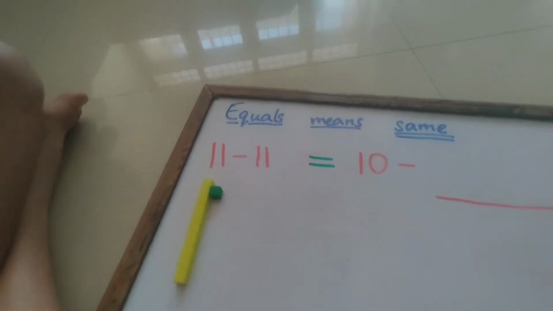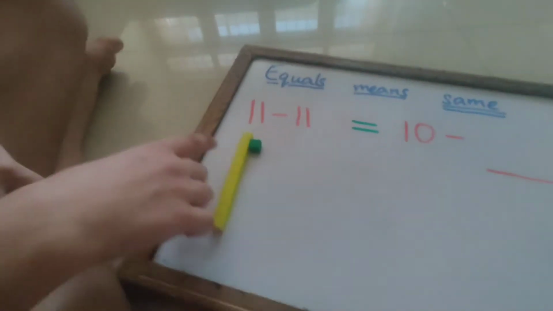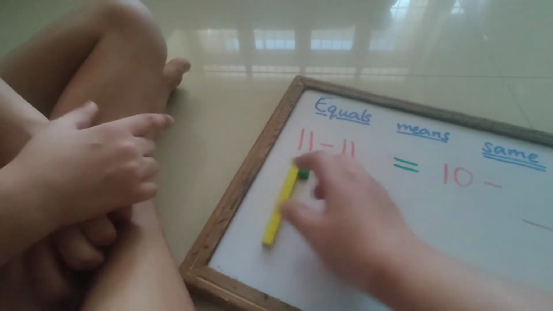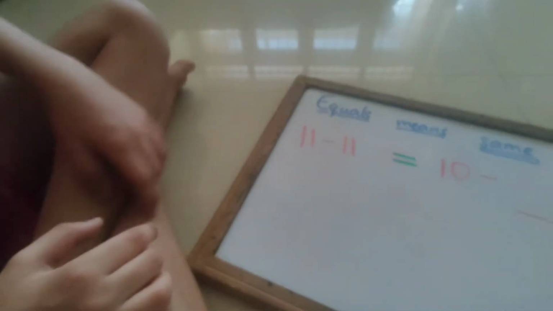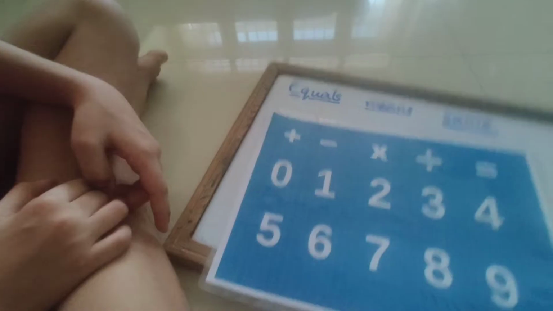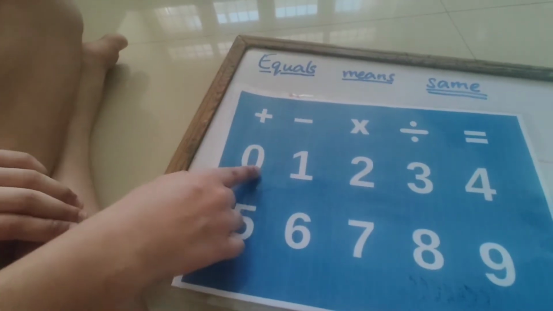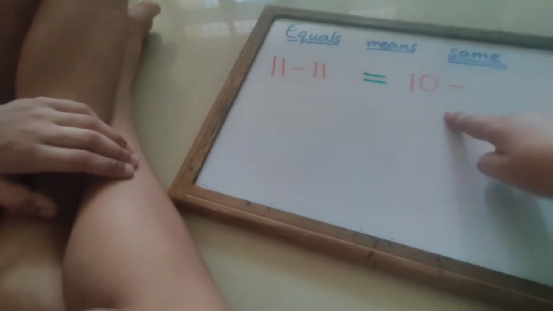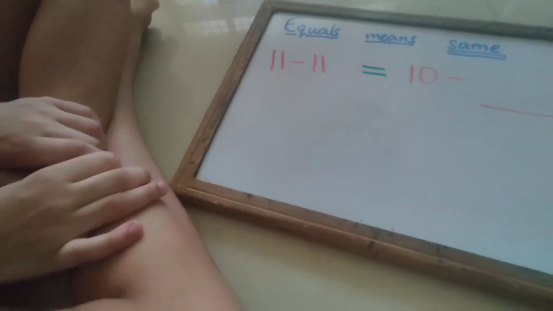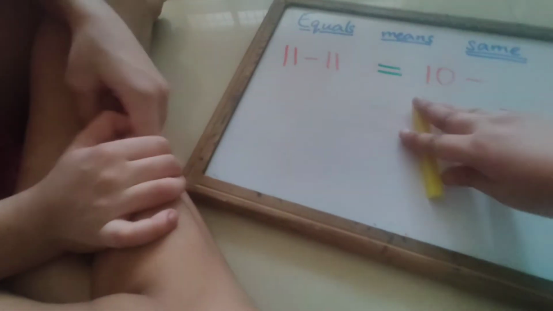See, we have 11 here and if you take away 11 from that, that means we take away all of it. So how much do you have now? I took away 11 from 11. 0. So what should we put here to make this 0? I have 10.